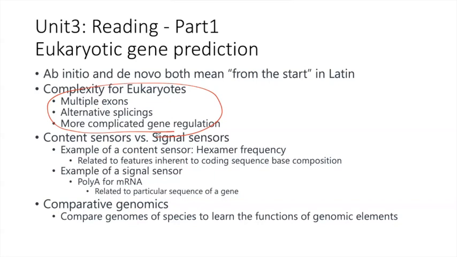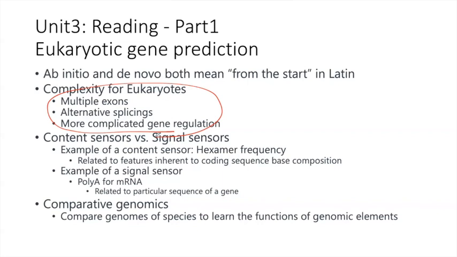Comparative genomics is where you can compare genomic sequence content between different species. For example, human versus mouse, or human versus C. elegans, the round worm.